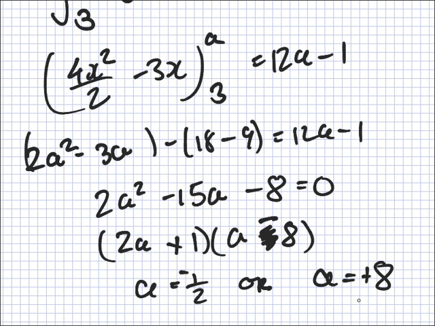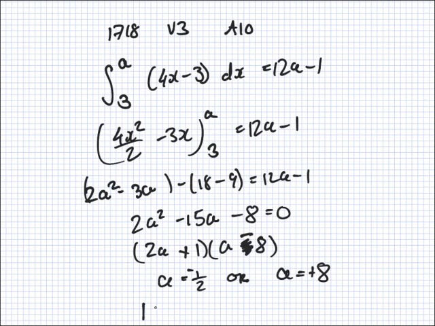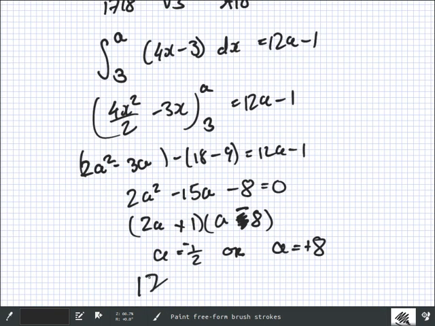Version 1, 17, 18. Which question now? A5. We'll just give a minute for people to write this down. So we're looking at 17, 18, version 1, A5 next.